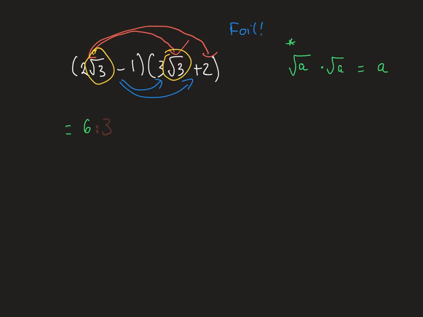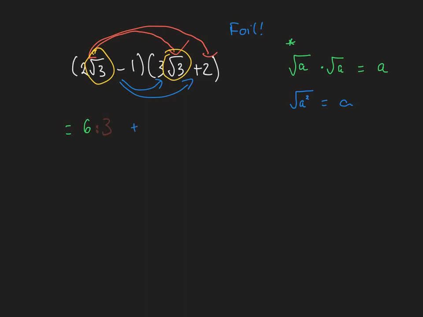Okay? Now, if you're not seeing why it's that, it's because of this. Square root of a times square root of a, it's the same thing as saying a squared. And a squared, when you take the square root, it's going to be a. If I do square root of 3 times square root of 3, it's going to be square root of 9. Square root of 9 is 3.